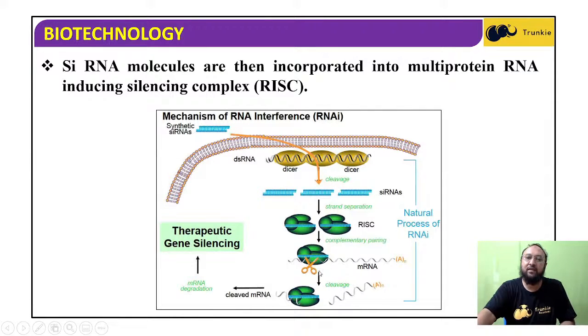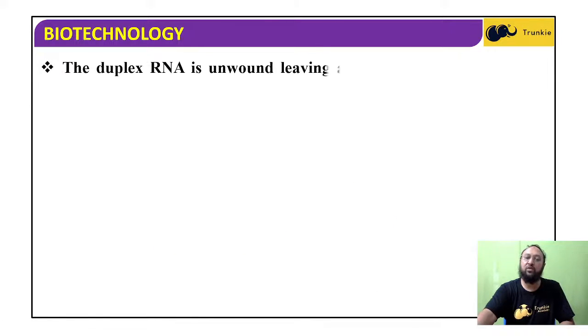Then there is cleaving of the mRNA, and this is the cleaved mRNA, mRNA degradation, therapeutic gene silencing. After this cleavage, the cleaved mRNA is no more functional, and this is the therapeutic one. We are not allowing this gene to express and translate, and thus we are silencing it. This is called therapeutic gene silencing.